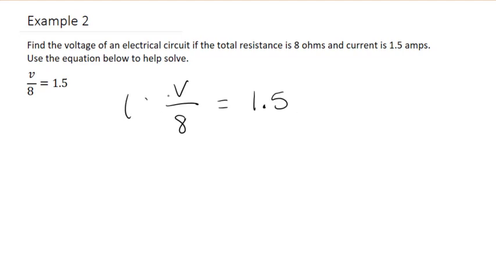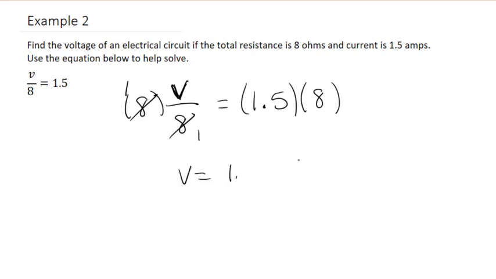So we're going to multiply by 8 on both sides. And this way we get our V all by itself on one side of the equal sign. So now these 8s cross out and they just become 1s. Then we're going to also multiply it on the other side as well. So now we have V is equal to 1.5 times 8.